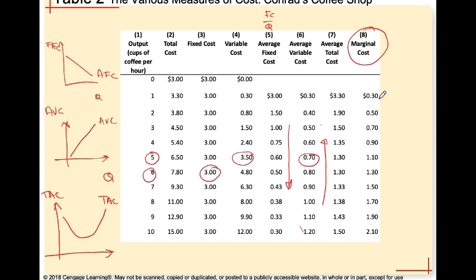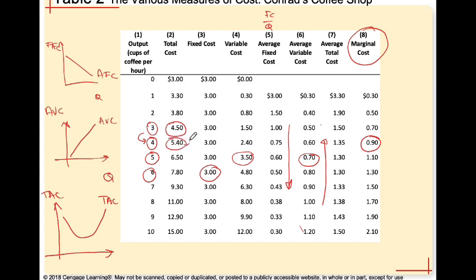By the way, how are we calculating marginal cost? Let me just recap. Let's talk about this one. Where did 0.90 come from? The total cost of producing 3 cups of coffee was $4.50, and you decided to produce the fourth, or the marginal, unit, and that resulted in the total cost increasing from 4.50 to 5.40.